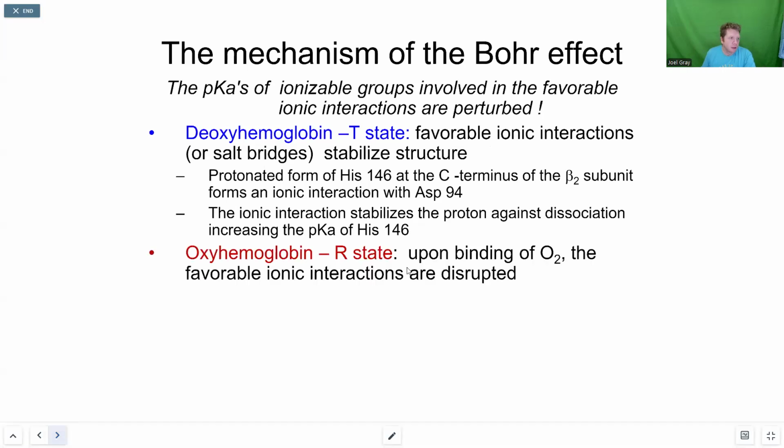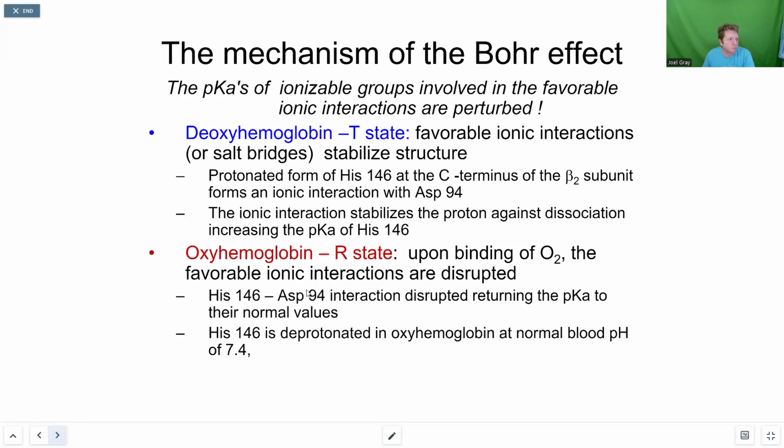Now, on the opposite end, whenever O2 binds, the favorable ionic interactions are disrupted, in which case the His 146 and aspartate 94 interaction is disrupted, returning the pKa to its normal value. And His 146 is deprotonated in oxyhemoglobin at a normal blood pH of 7.4.